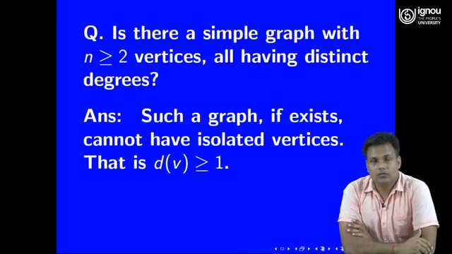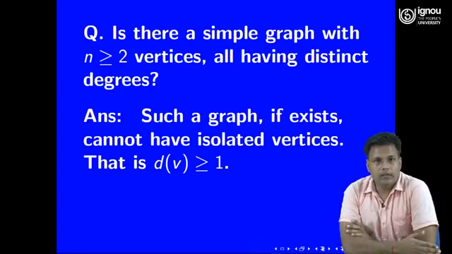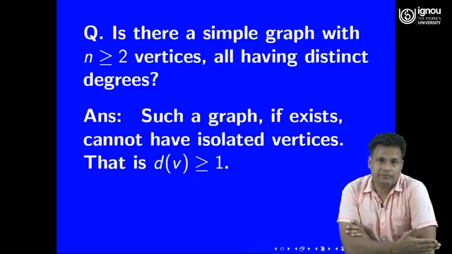So the remaining degrees will be 1, 2, 3 up to n minus 2, but there are n minus 1 vertices, and by the pigeonhole principle, if there are more objects than boxes, then some box would get more than one object.